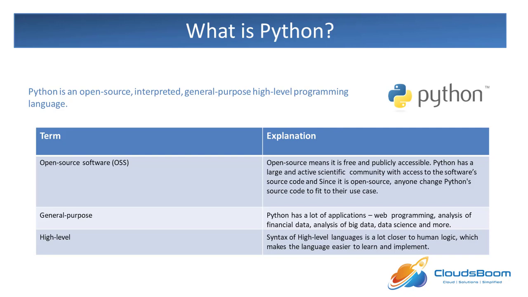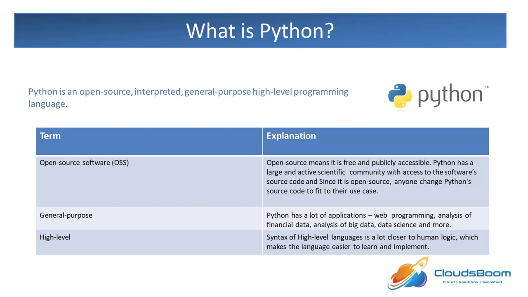Python is open source software, which means that it is freely available and publicly accessible. It is a general purpose language, which means it has a lot of applications. Python is used in web development, it is used in mobile development, and nowadays it is gaining popularity among data scientists.